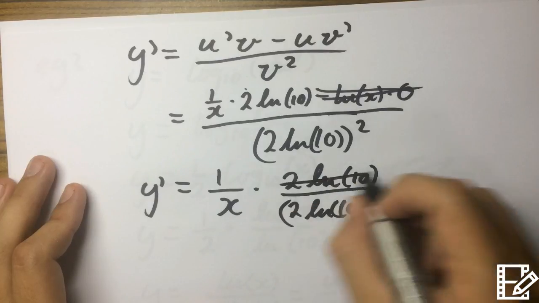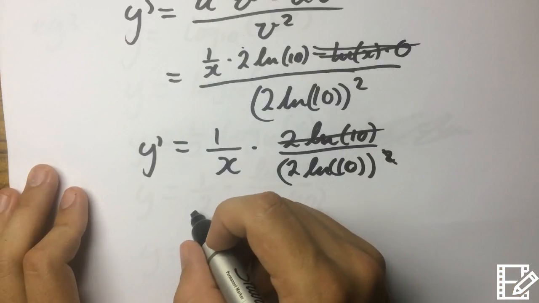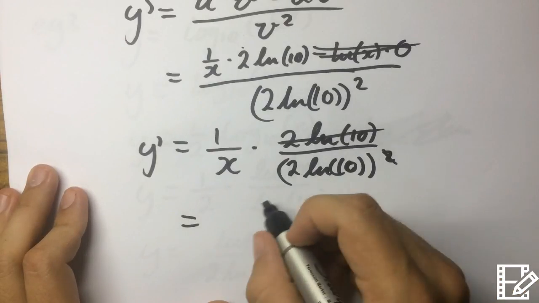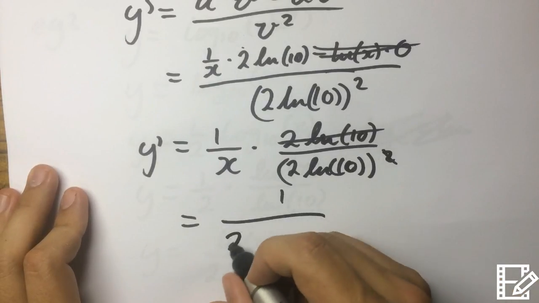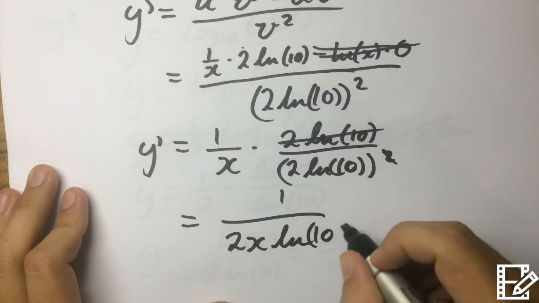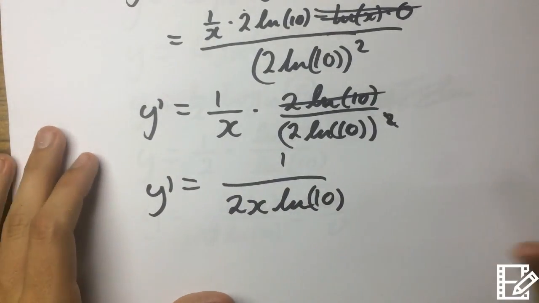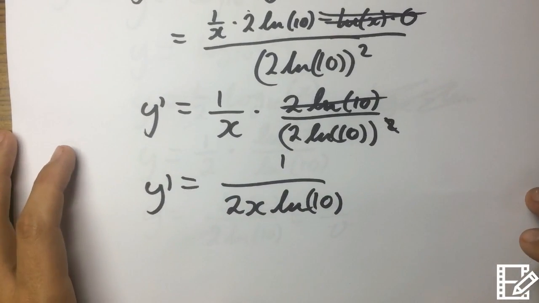So we can get rid of 1 on the bottom and 1 on the top. Therefore, what we're left with is 1 over 2x ln of 10. And that's the derivative of log to the base of 10 of square root of x.